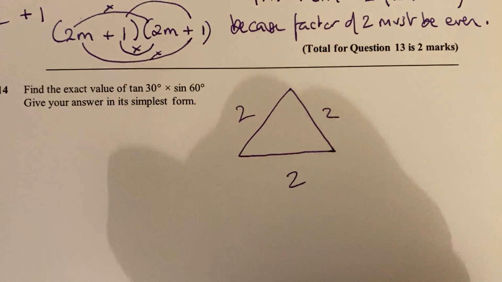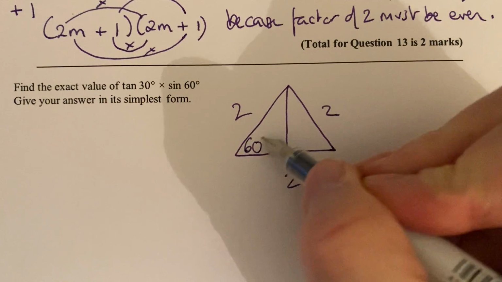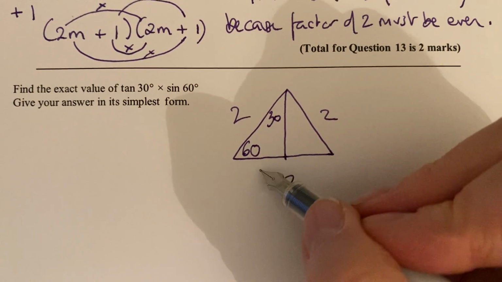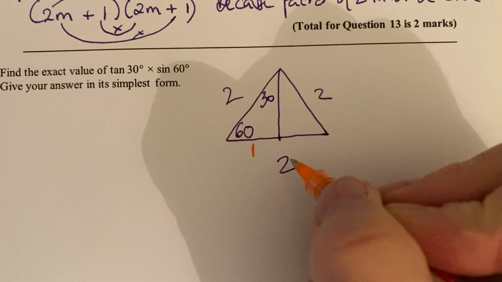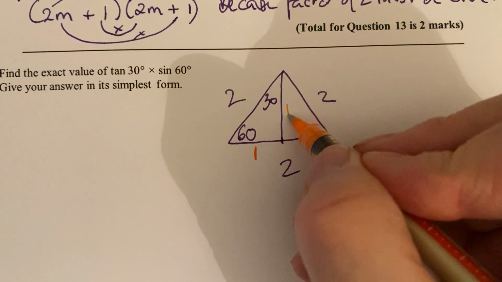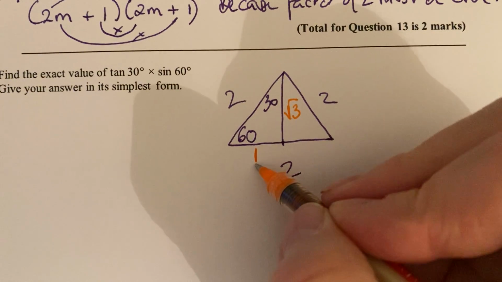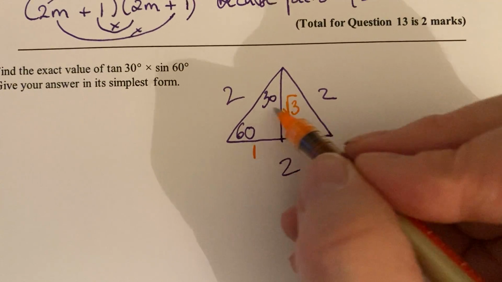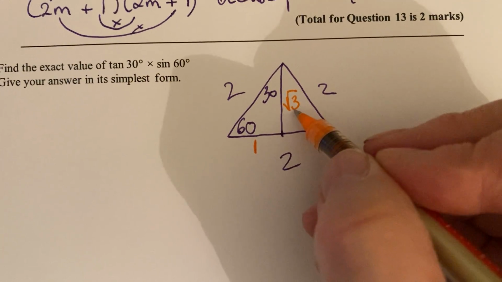Imagine you've got an equilateral triangle like that. Cut that in half, so that is 60, that's 30. And therefore this length here is now 1. So that length is 1. And Pythagoras will say that this is root 3, because it's 2 squared minus 1 squared, which is 3, square root of 3.